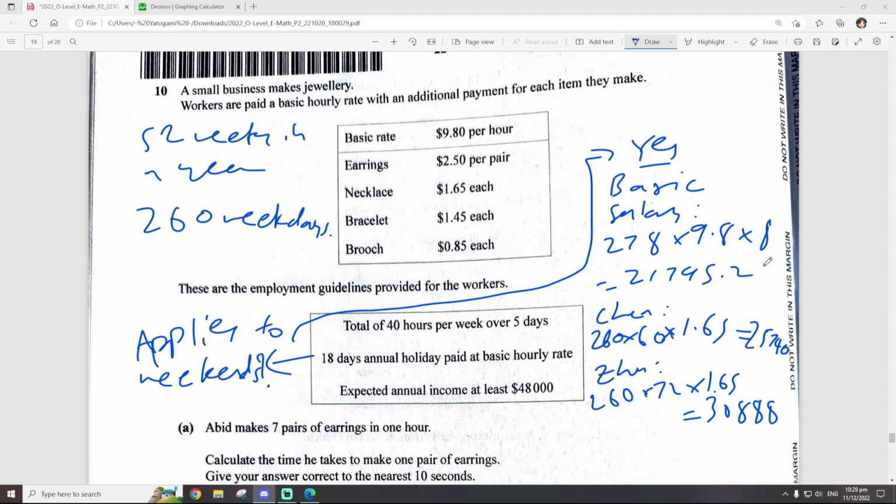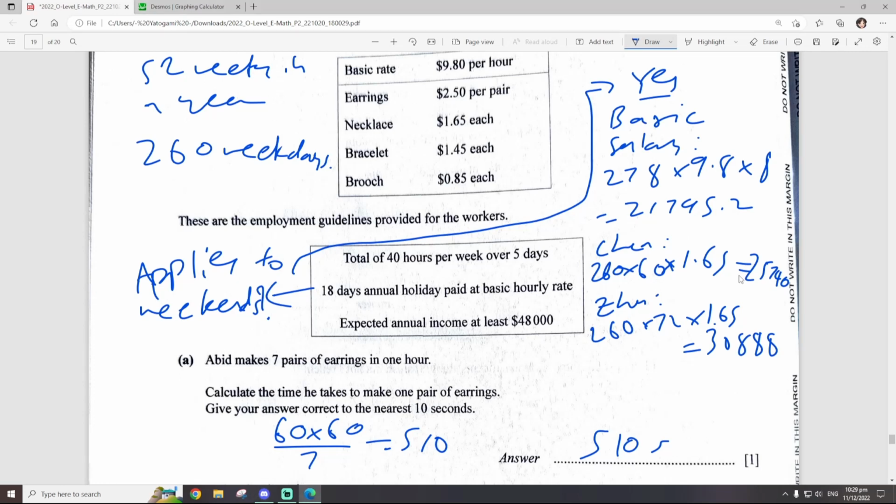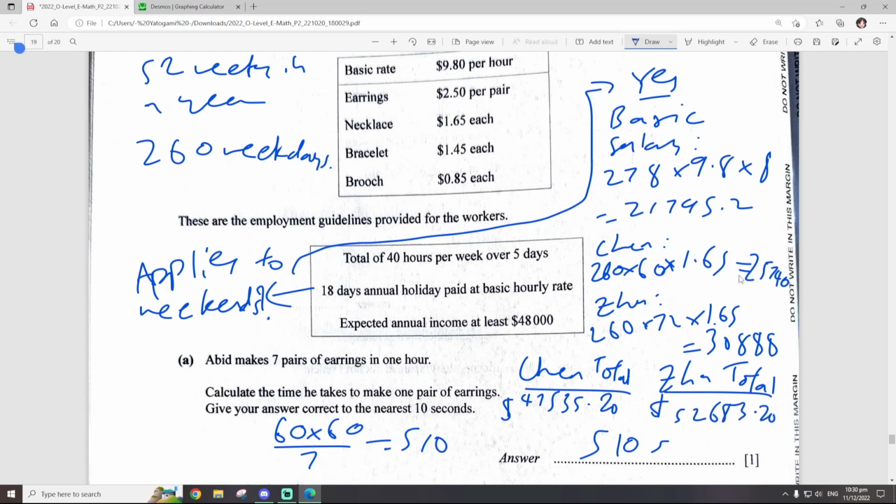So if you add the total together, Chen total and Su total. I think I have the answers written down already actually. But you will get $47,535.20, and for Su you will get $52,683.20.